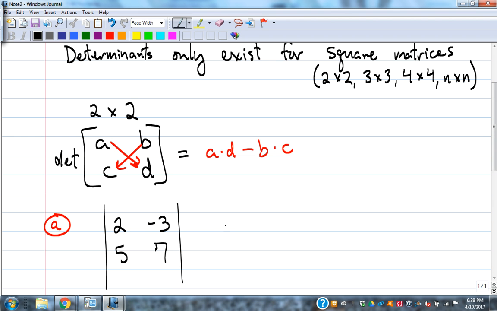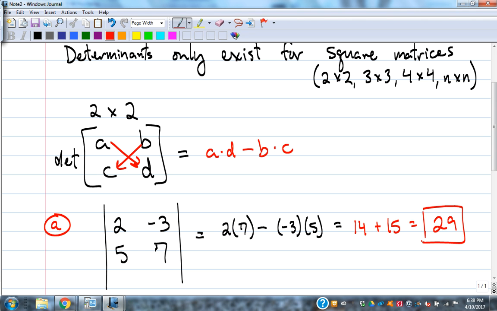Okay. All right. So I would just do this. I'd do 2 times 7 minus -3 times 5. That's how I would do this. I'm going to show you how to do it with the calculator too, but the determinant of that matrix is 29. What does that mean?